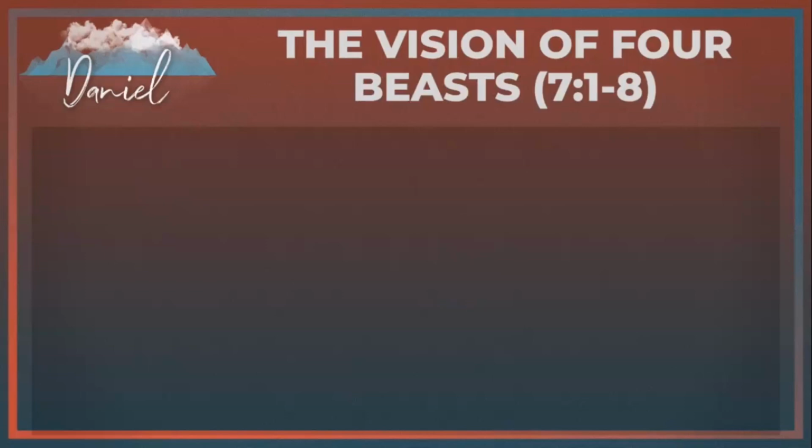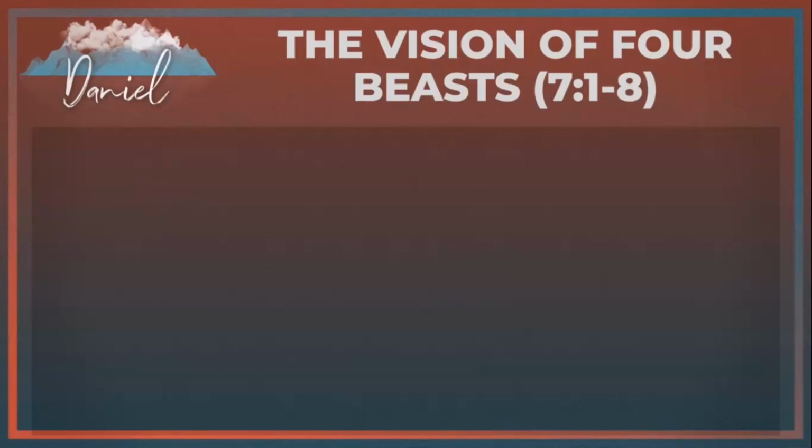After this I looked, and there was another, like a leopard, which had on its back 4 wings of a bird. The beast also had 4 heads, and dominion was given to it. After this I saw in the night visions, and behold, a 4th beast, dreadful and terrible, exceedingly strong. It had huge iron teeth. It was devouring, breaking in pieces, and trampling the residue with its feet.